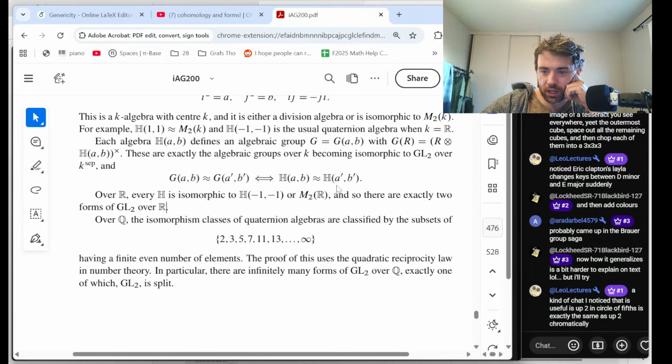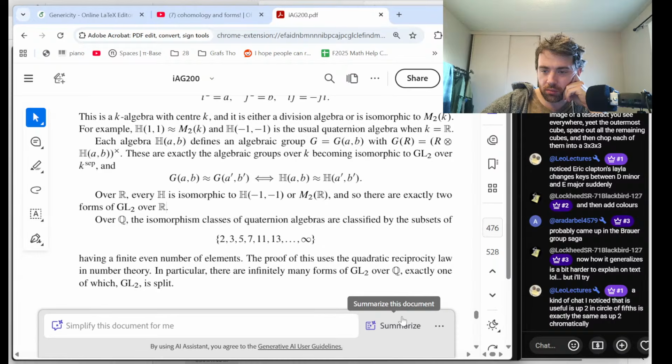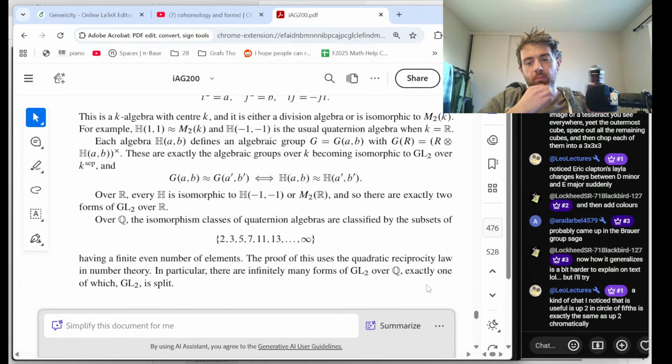A kind of chat you notice that is useful is up 2 in circle of fifths is exactly the same as up 2 chromatically. Oh, actually, I had this idea for a video.